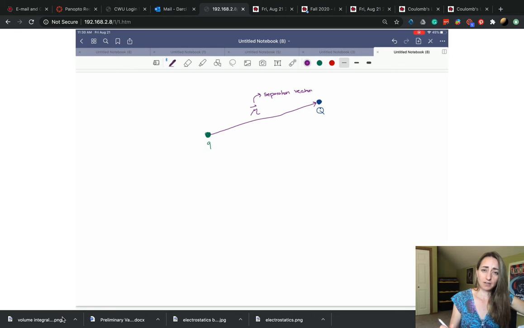So let's figure out how we can actually figure out what this separation vector is in a particular coordinate system. Or I like to think of this lecture as, why the heck did they use this cursive R?